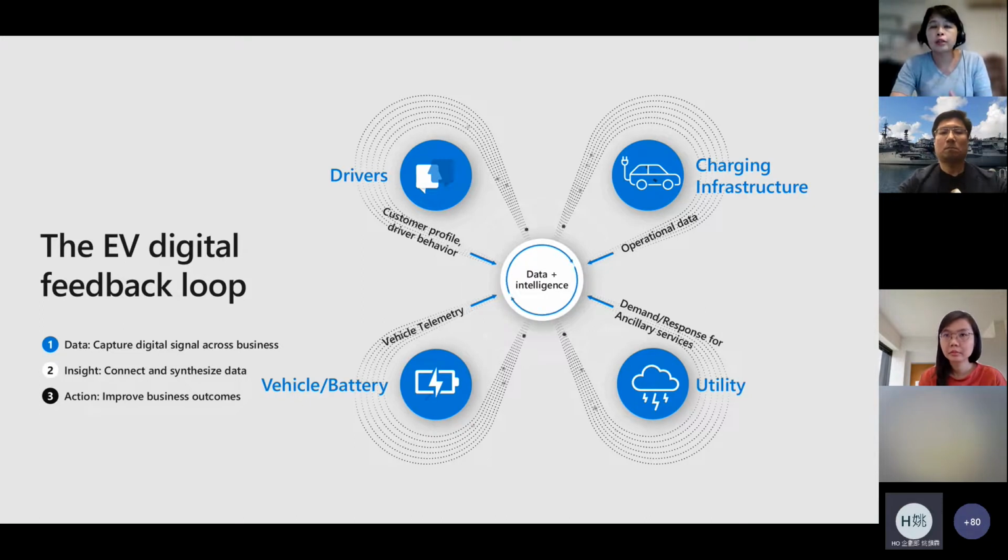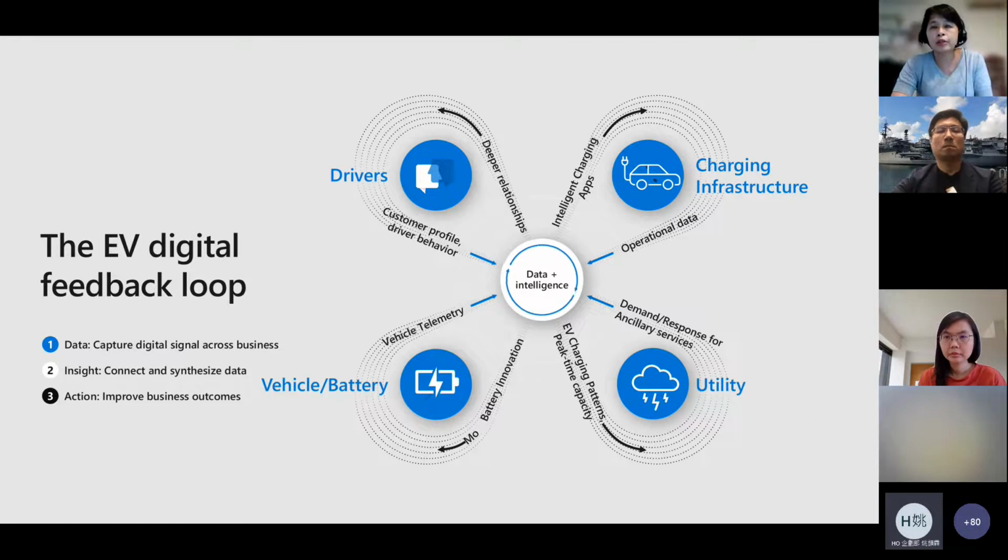Those are the key entities we need to collect data from and get into our digital feedback loop. But in return, I would say the most important thing is how you can build a deeper relationship with your driver, to help them solve range anxiety and ensure they get the best deal while they are finding a charging option.